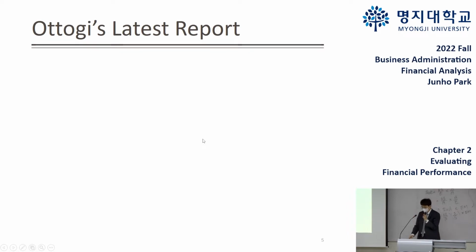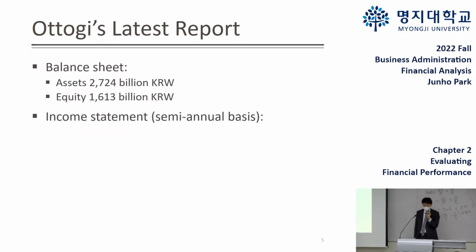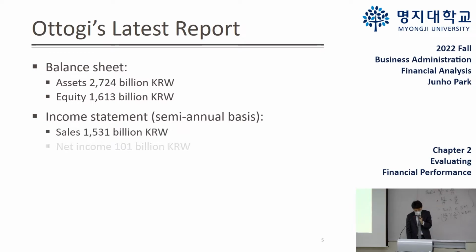I selected several important pieces of information from the balance sheet and income statement. According to its balance sheet, assets are worth 2,700 billion Korean won, and equity some number, and net sales and net income and so on.